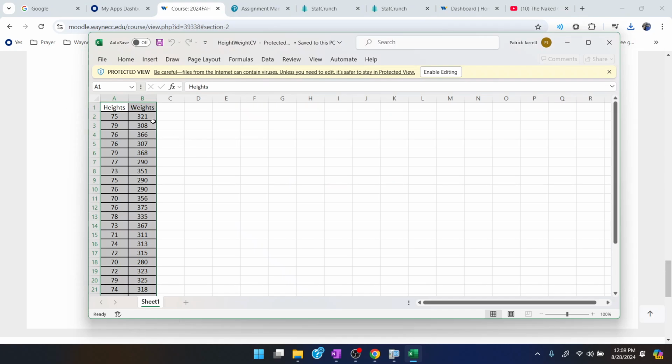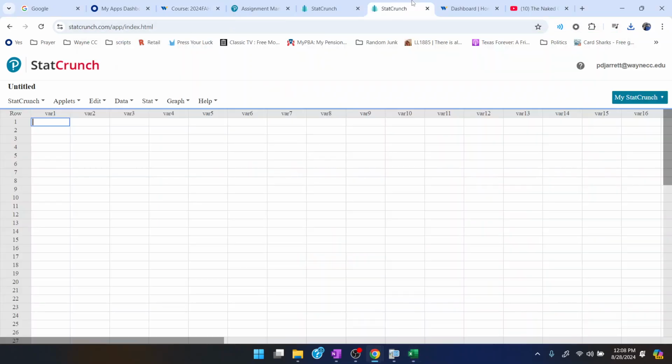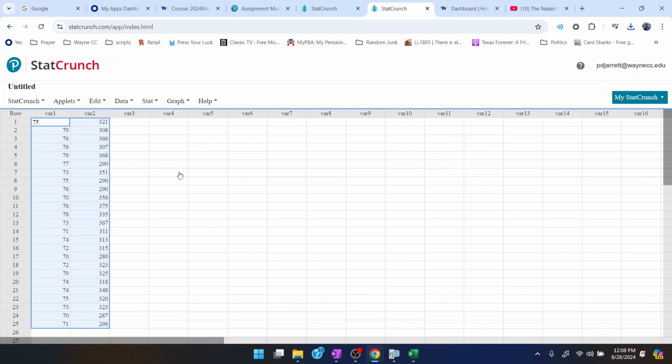So you can literally copy and paste the data. Now, I can rename var1 heights and weights.